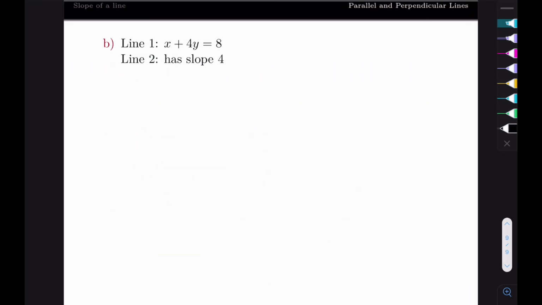Example, we're given the equation of line 1, and then we're just told line 2 has a slope of 4. So again, I need to compare slopes. This one we already know, but in the first one, we've got to figure out what the slope is. So we need to find the slope of line 1.